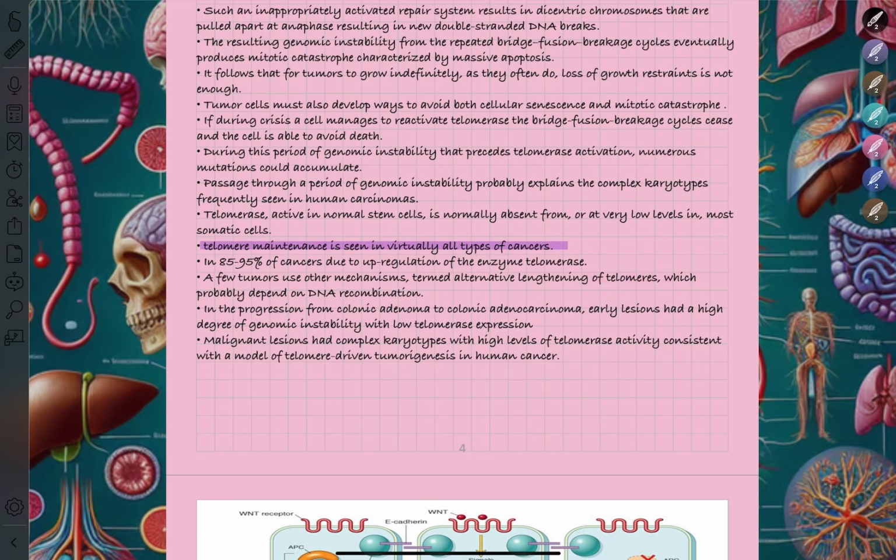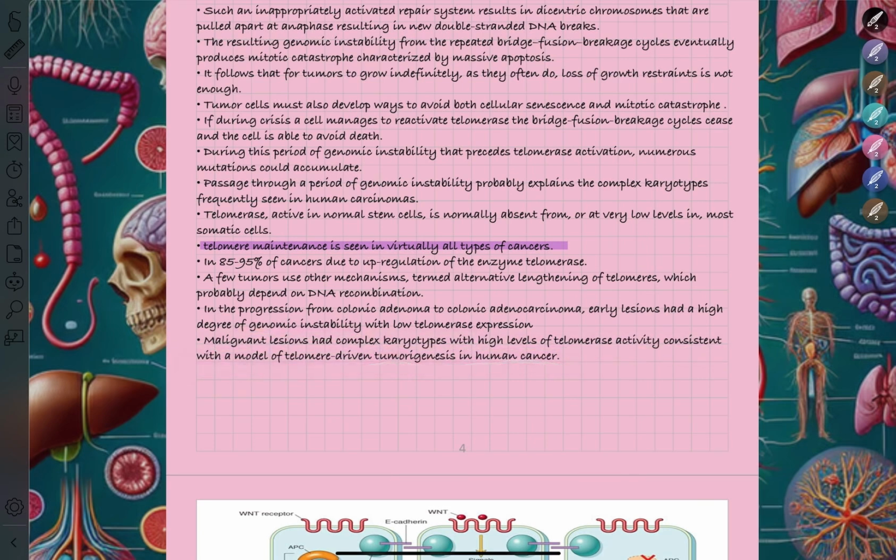In the progression from colonic adenoma to adenocarcinoma, from benign to malignant, early lesions had a high degree of genomic instability with low telomerase expression. Malignant lesions had complex karyotypes with high levels of telomerase activity, consistent with a model of telomere-driven tumorigenesis in human cancer.